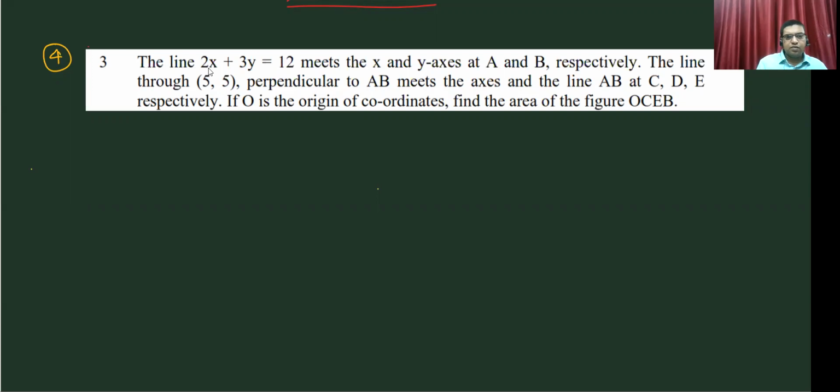See, this is minus the slope of this line, minus a by b, minus 2 by 3. So, what will be the intercepts? 2x plus 3y equal to 12.